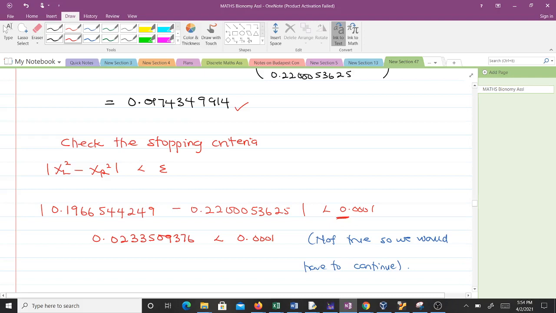This is something that as a human being, you would have to do thousands of iterations before you get that. A computer can easily do that for us, but this was to explain the concept. So that's how we use the Fibonacci search method in optimizing unimodal functions.